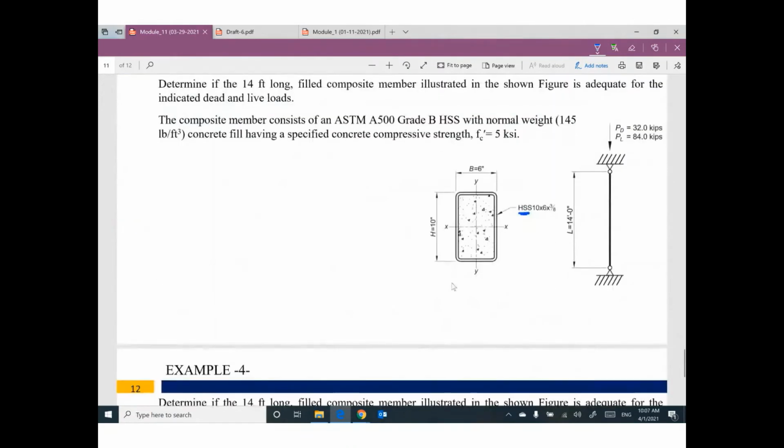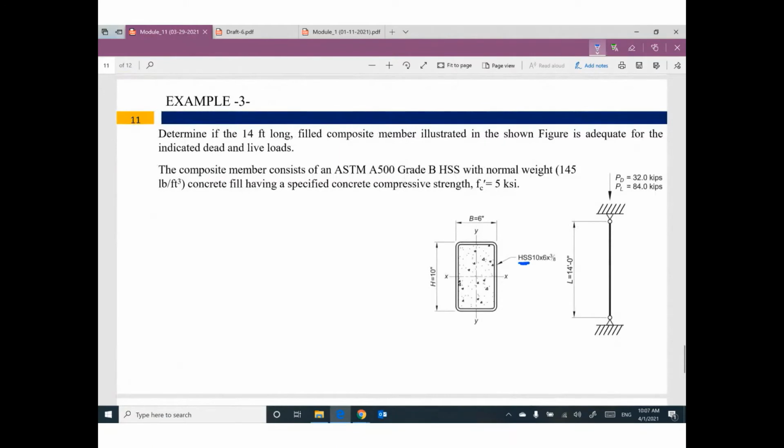Let's do this example. We have a filled composite member under the effect of dead and live loads, because your loading is dead and live only, so it will be very easy to figure out the value of Pu, which equals 1.2 dead load plus 1.6 live load.